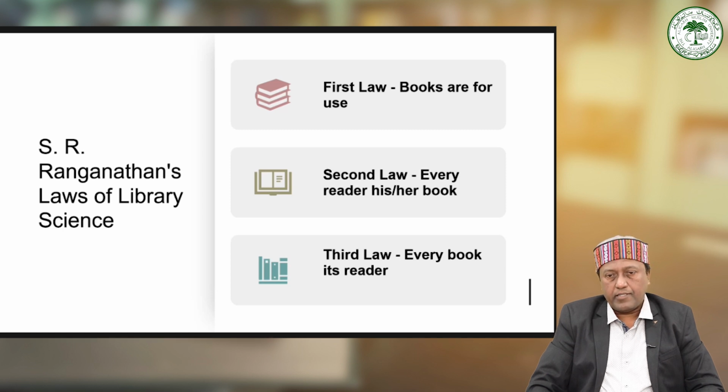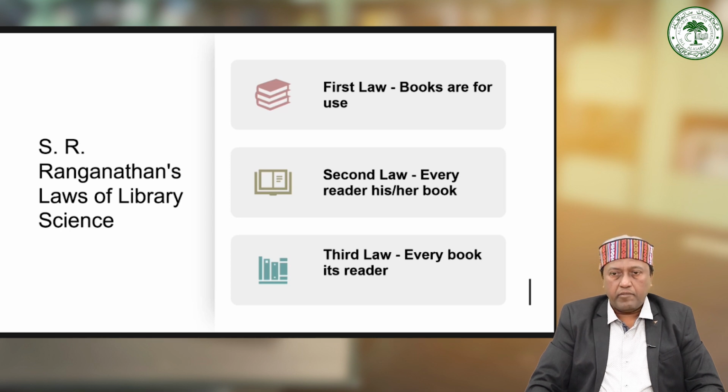This involves assessing the potential demands for material and avoiding the acquisition of costly items that are unlikely to be frequently used. The principle of utility guides librarians to prioritize the acquisition of materials that will be actively utilized by library patrons, ensuring that the collection remains dynamic and responsive to users' needs over time.